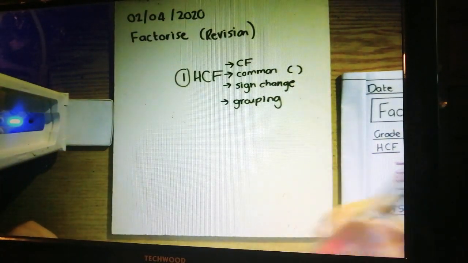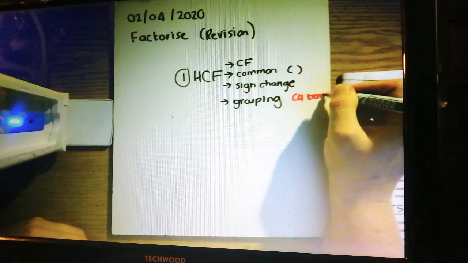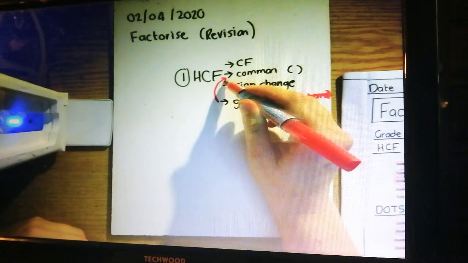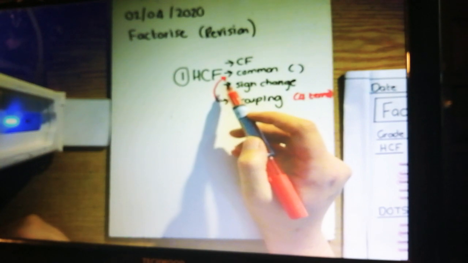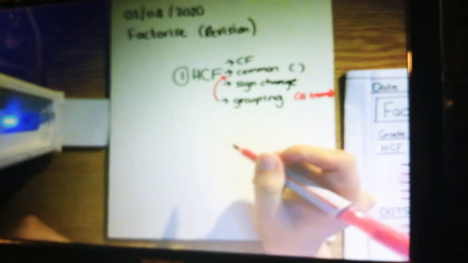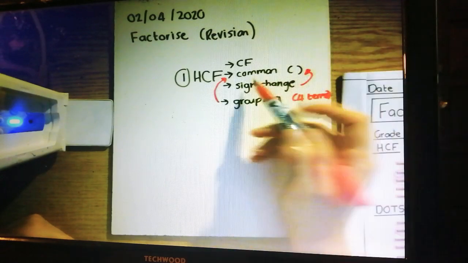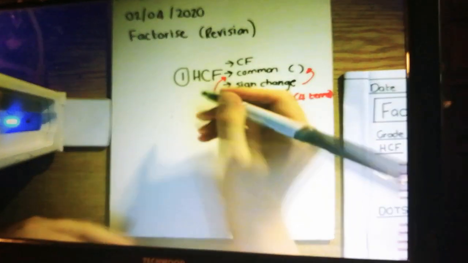Grouping always happens when there are 4 terms, and grouping will probably lead to a common bracket. It may first lead to a sign change if you don't group cleverly, but it will definitely lead to a common bracket. And sign change leads to a common bracket, and the common bracket becomes the common factor. Okay, that's what you learned last year.